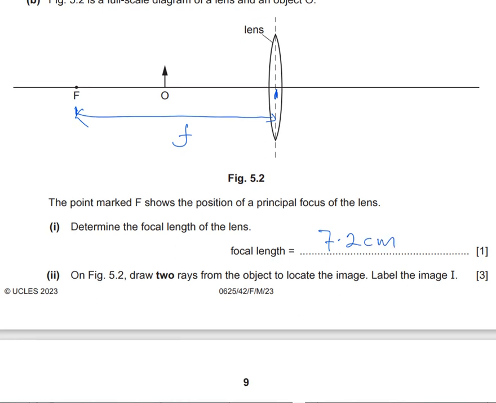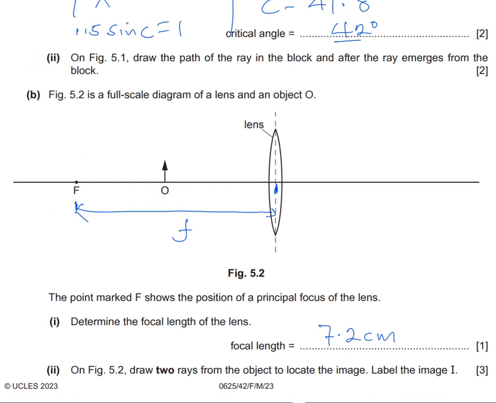Then they say on the same diagram, draw two rays from the object to locate the image and label the image as I. Of course, using the principles as we draw ray diagrams. The first one is that the ray which is close and parallel to the principal axis, of course we must use a ruler, must converge through F. However, you draw another F on the other side.